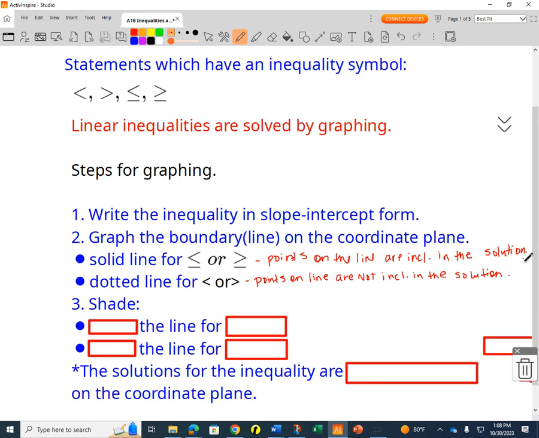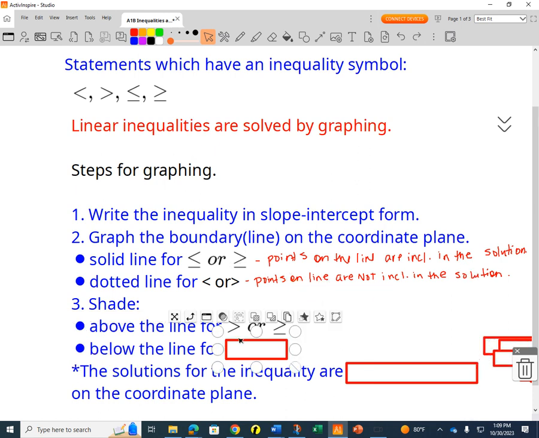We shade above the line for greater than or equal to, and below the line for less than or equal to.